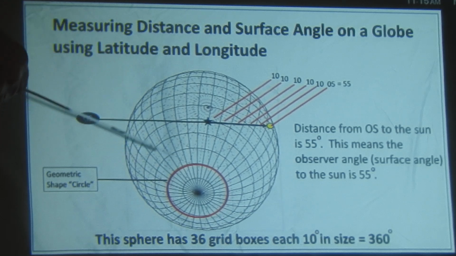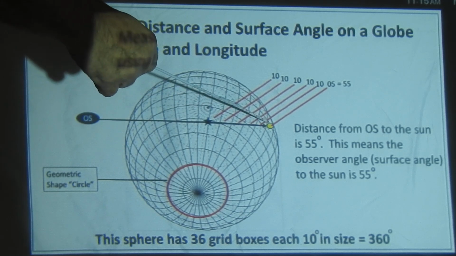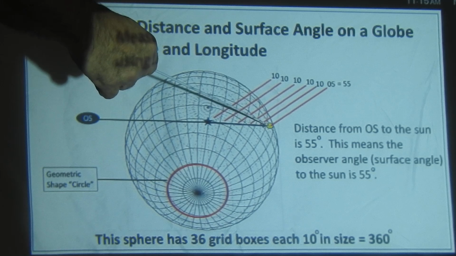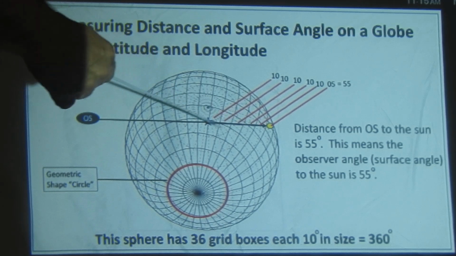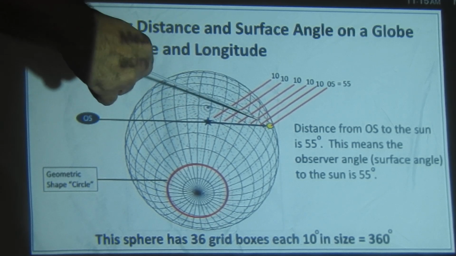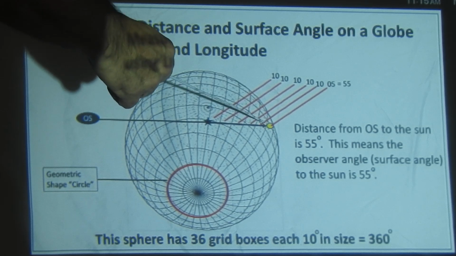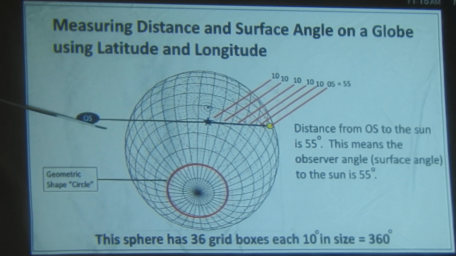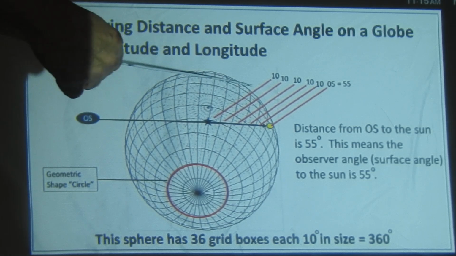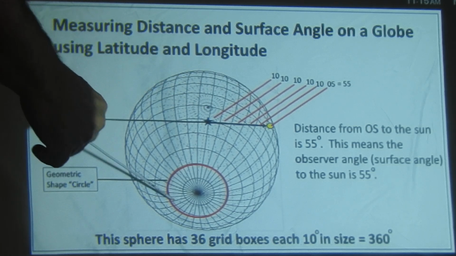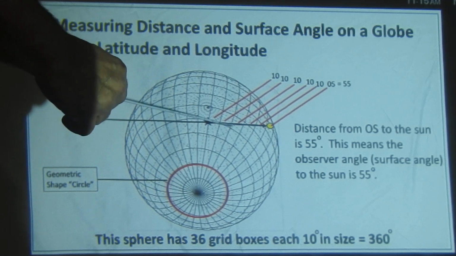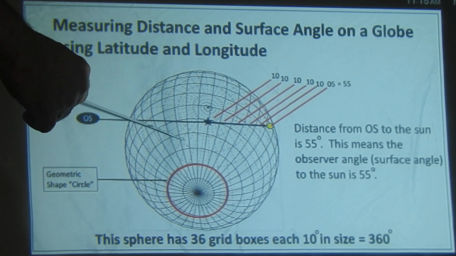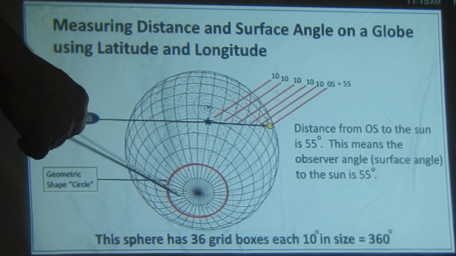So if we add a measured azimuth to the sun, say this is the Tropic of Cancer, we can then determine its distance based on its azimuth and the location, the latitude and longitude, which is given on digital mapping such as Google Earth and Google Earth Pro. And this globe model has a scale where each latitude and longitude square is 10 degrees.